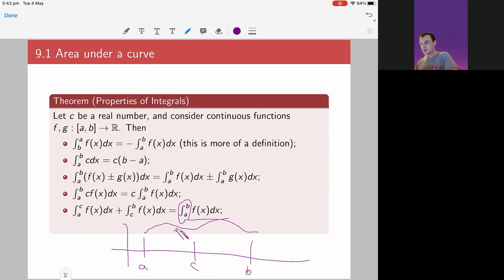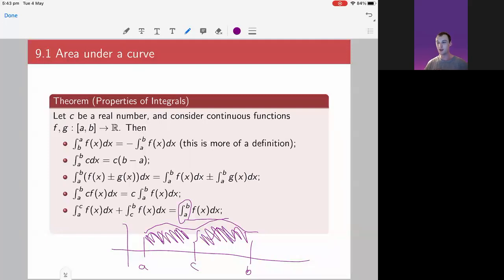Then the area under this plus the area under this should be the same as the total area. So this is another good validation of our theory of areas: the area of both of those shapes together should be the area of one shape plus the area of the other shape.